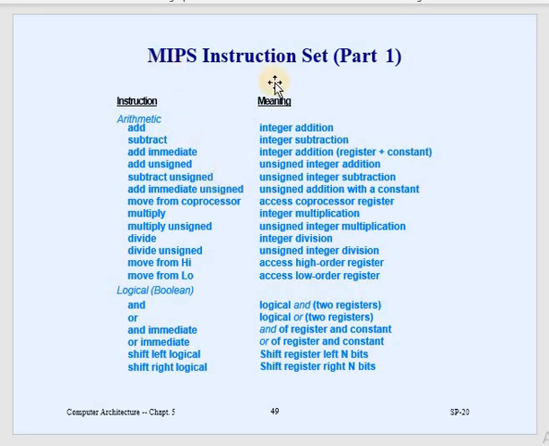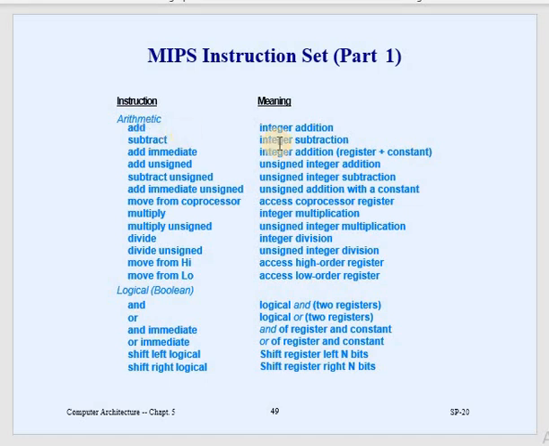Okay, this is the specimen of the MIPS instruction set. You can check the categories which we discussed at the start of this lecture, that there are arithmetic operations, logical instructions, and so on. You can check here that the MIPS instruction set has different types of arithmetic instructions.